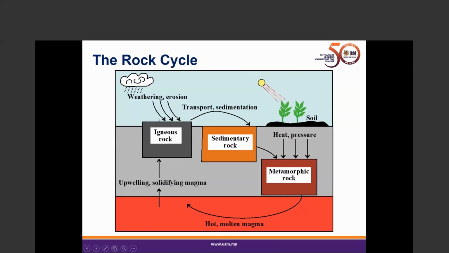They are broken down by weathering, either by physical, chemical, or biological processes. This material is then deposited as sedimentary rock. And if you have heat and pressure, it will convert this sedimentary rock to metamorphic rock. And then this process continues.